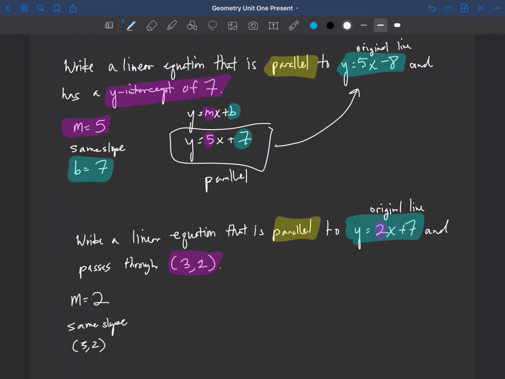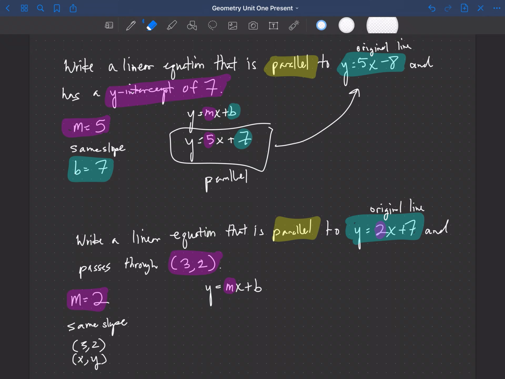We're going to start in the same position, so start with the slope-intercept form, y equals mx plus b, and let's try to plug in everything that we have. So slope m equals 2, and I have this point here. This point are your coordinates x and y.